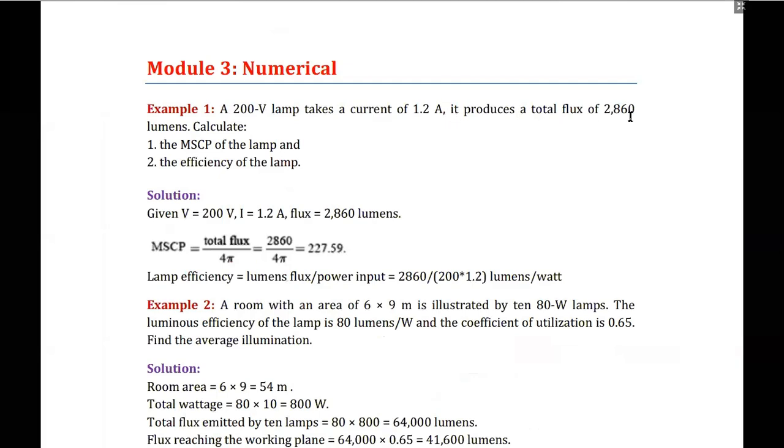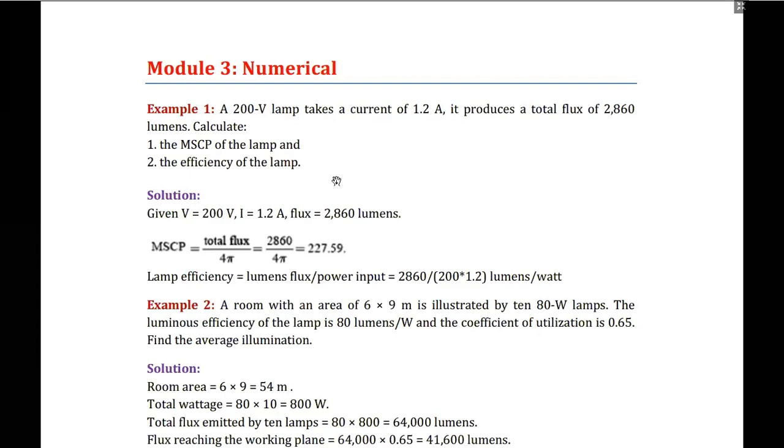It produces a total flux of 2860 lumens. एक 200 वोल्ट का हमारा लैंप है, जो कि 1.2 एम्पियर करंट ले रहा है और ये फ्लक्स प्रोड्यूस कर रहा है 2860 lumens. So you have to calculate the MSCP of the lamp and the efficiency of the lamp.